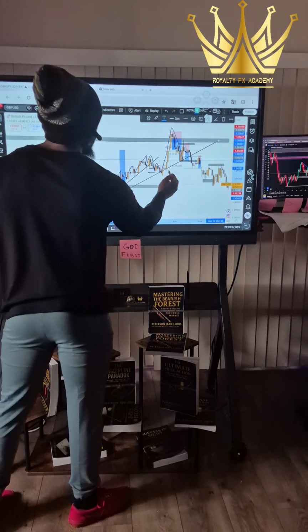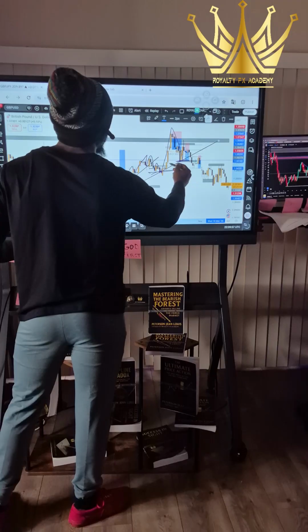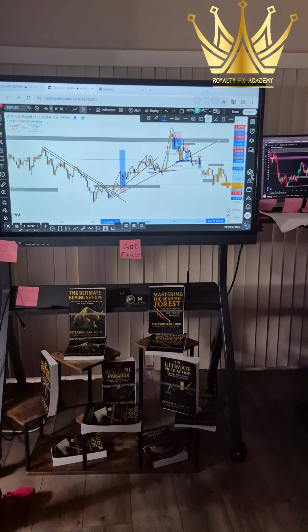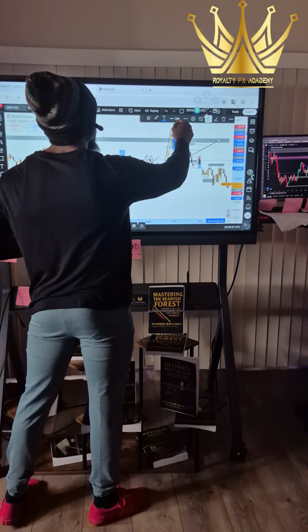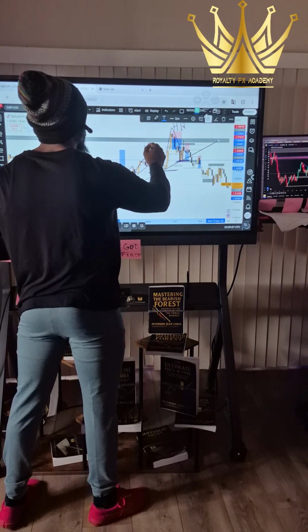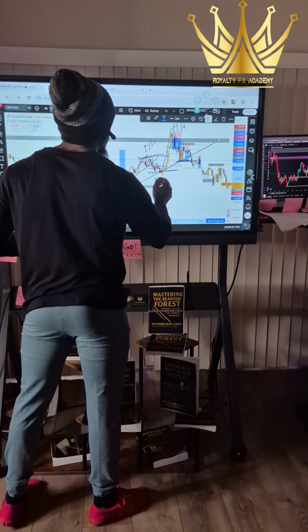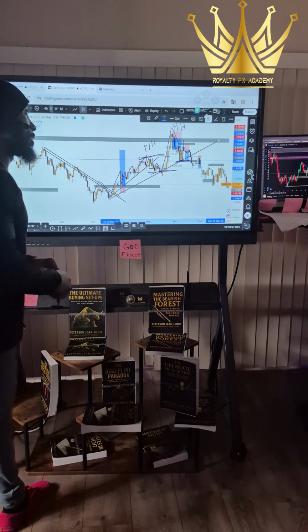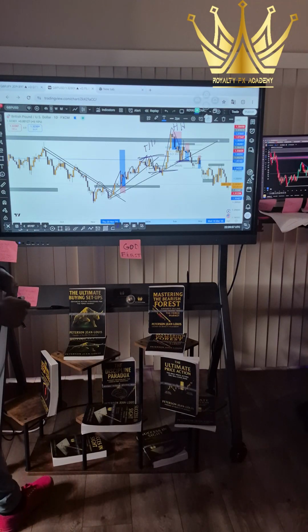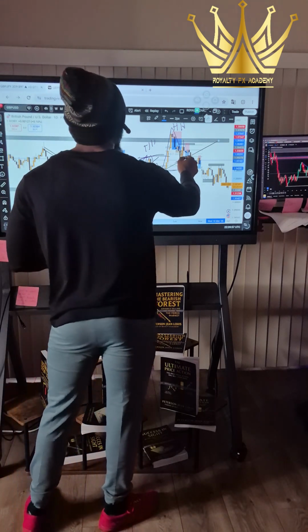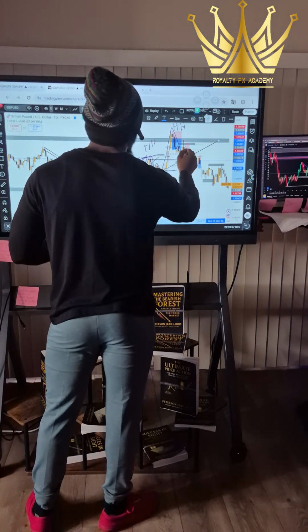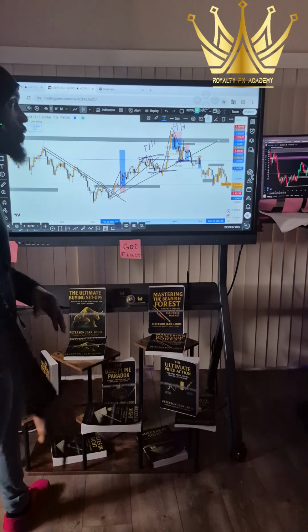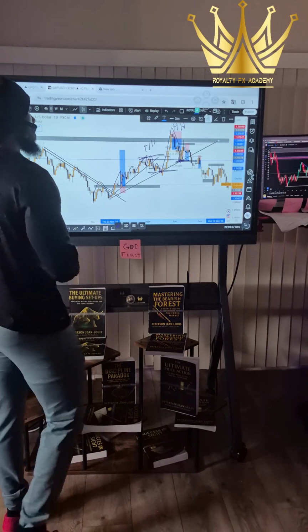So after this structure, this was the previous structure high, because that would be a higher high, higher high, right? That would have been the break for the retest aspect. Okay. But did it retest? Yes, it did. It bounced off the trend line, bounced off the zone to go up, but we're not talking about a continuation. We're looking at the reversal, right?